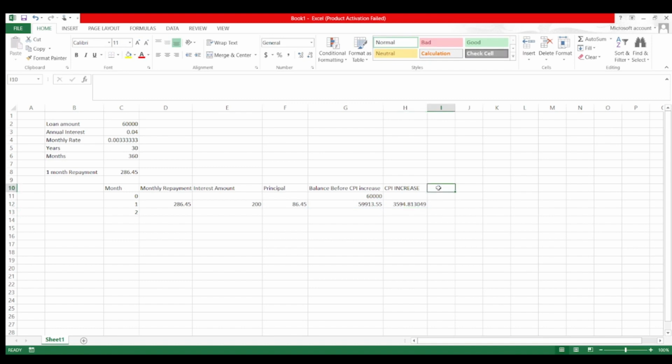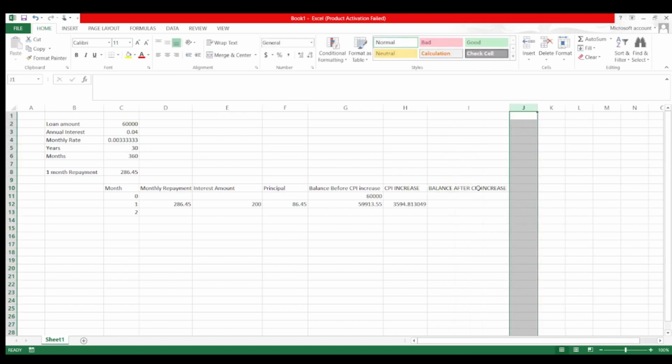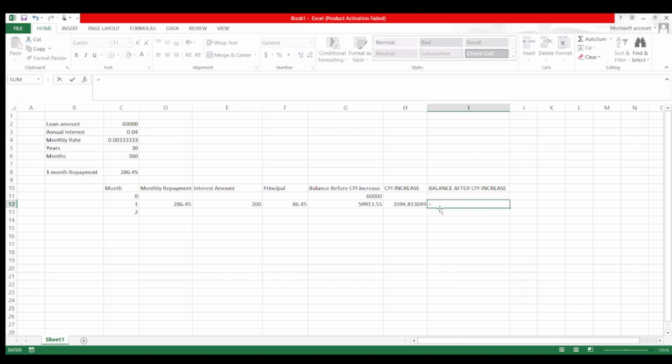Then we get the balance after CPI increase. We'll simply take this plus this increase, or alternatively, we could simply multiply this by 1.06. So this is the balance at the end of the first month.